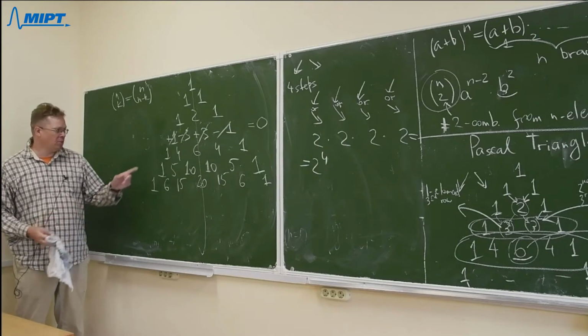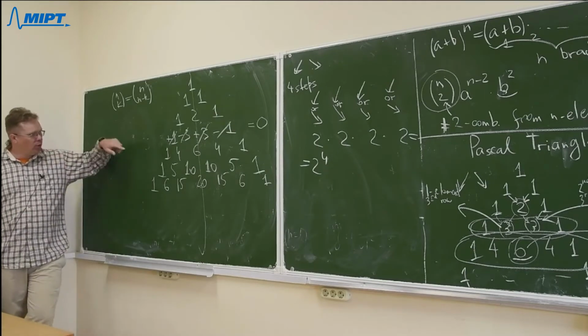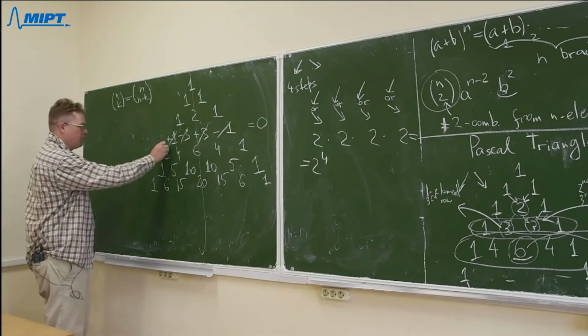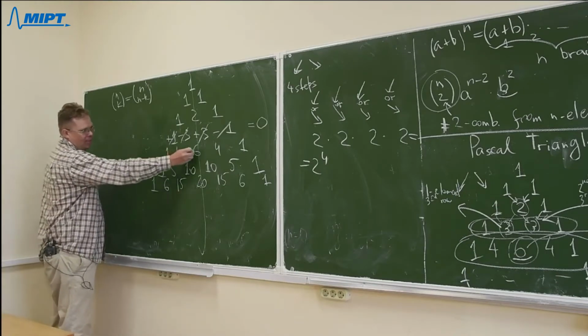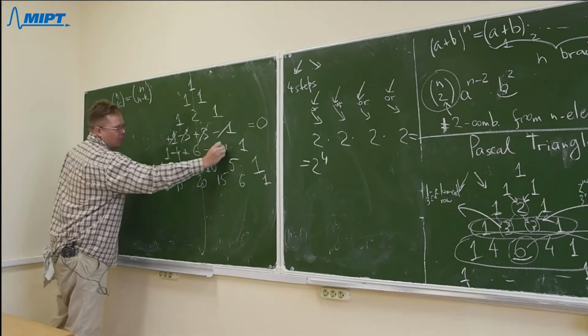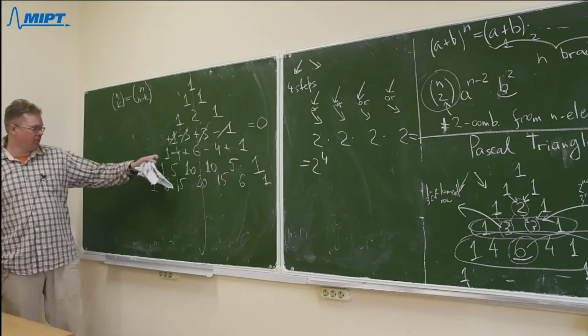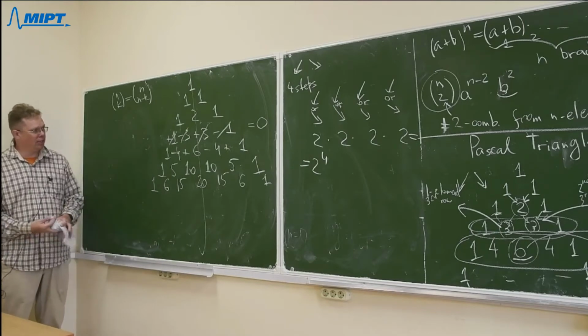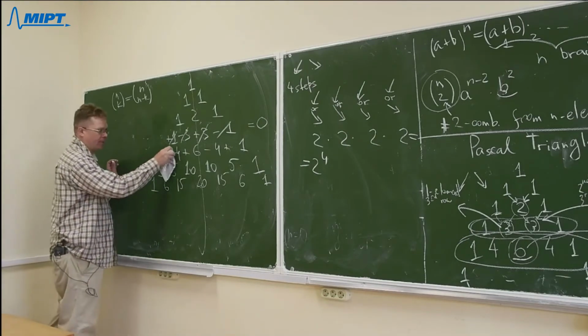But can you see why, if we look at the even rows, we also have 0 here? For example, if I take 1 minus 4 plus 6 minus 4 plus 1, then I have 8 minus 8, 0. But how can we see it from the structure of the Pascal triangle?